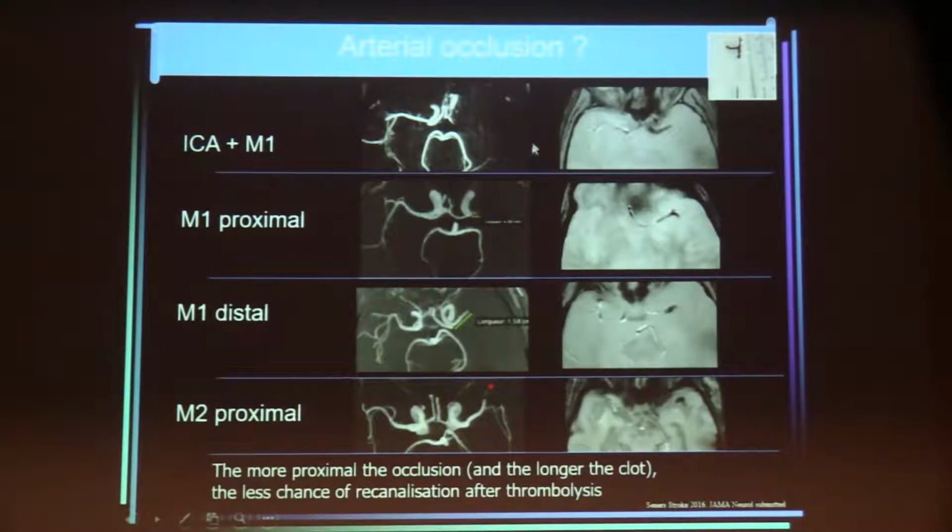And as we know, there is about 3 to 4% chance of recanalization after IV thrombolysis if the clot is proximally located and very long, and it raises to about 40% when the clot is distally located, such as in M2 proximal location.